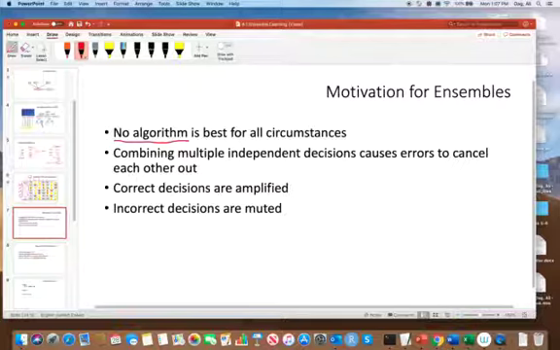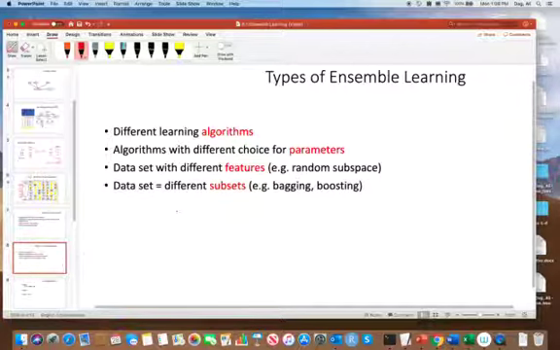Therefore, if we combine multiple independent decisions, it will enable errors to cancel each other out, just like the previous slide that we have seen. If you use multiple learners, we're hoping to decrease our error rate. Correct decisions are amplified, and therefore incorrect decisions will be muted. That's our expectation from ensembling models.